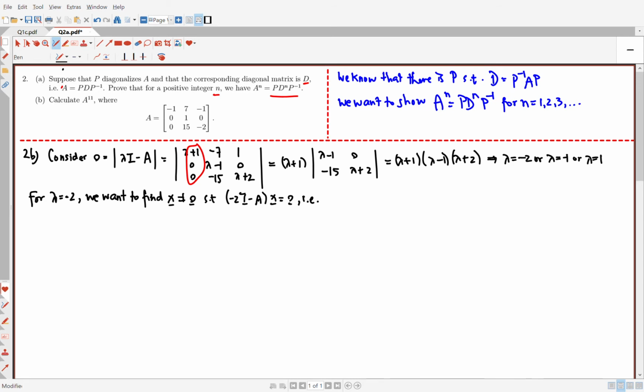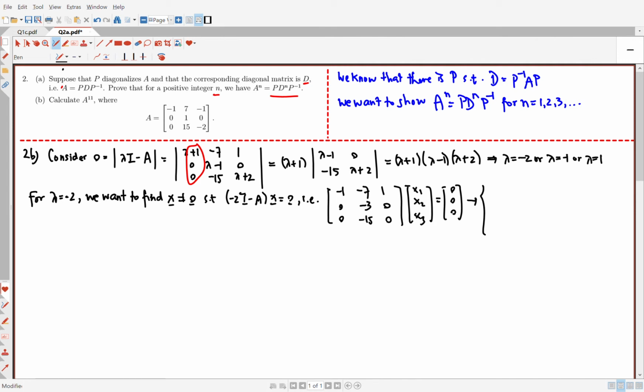In other words, this is minus 1, minus 7, 1, 0, minus 3, 0, 0, minus 15, 0, multiplied by x1, x2, x3 equal to 0, 0, 0.